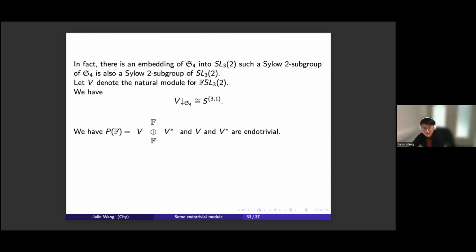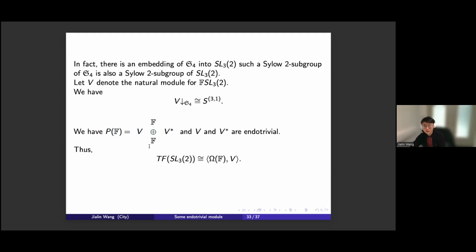Since SL(3,2) has a dihedral Sylow 2-subgroup, the Auslander and Carlson theorem tells us that part of the projective cover will split into two modules, V plus the dual of M, V, and these two modules are endotrivial.